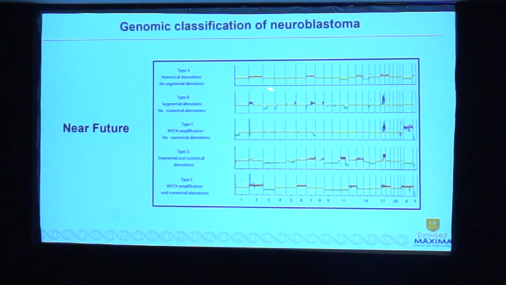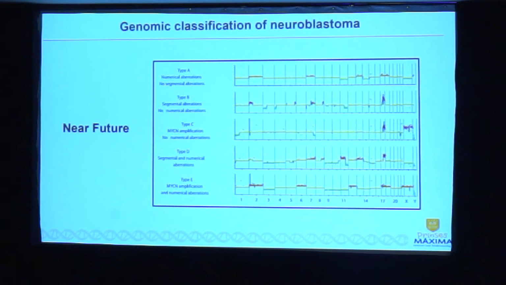So we've got numerical aberrations. And in the second group, we have the segmental aberrations, which occur. Then there's a mixed group that has segmental and numerical aberrations, and then 2 MYCN amplified, 1 without numerical aberrations, and one with numerical aberrations.